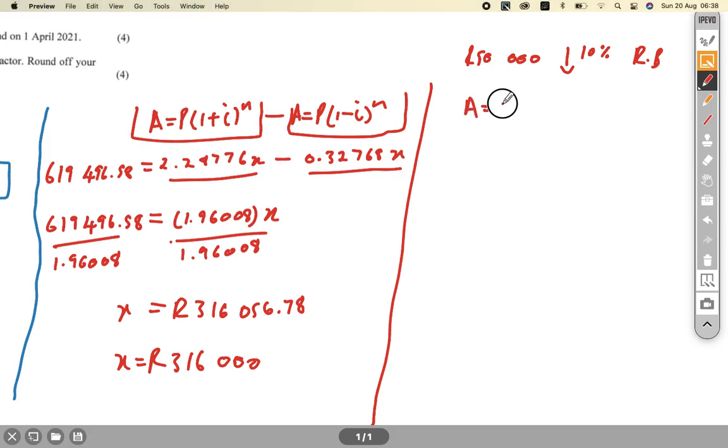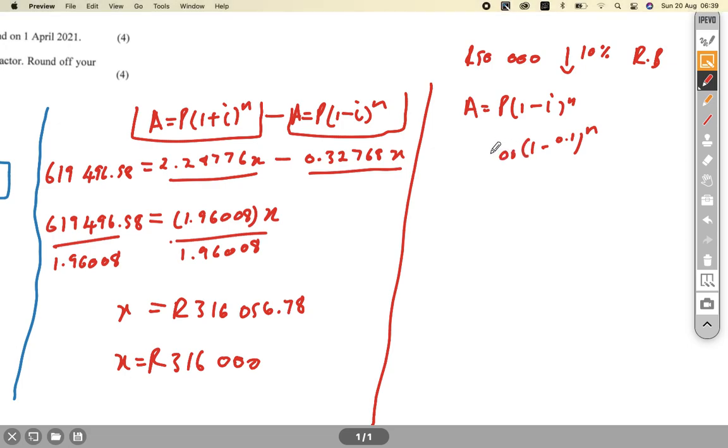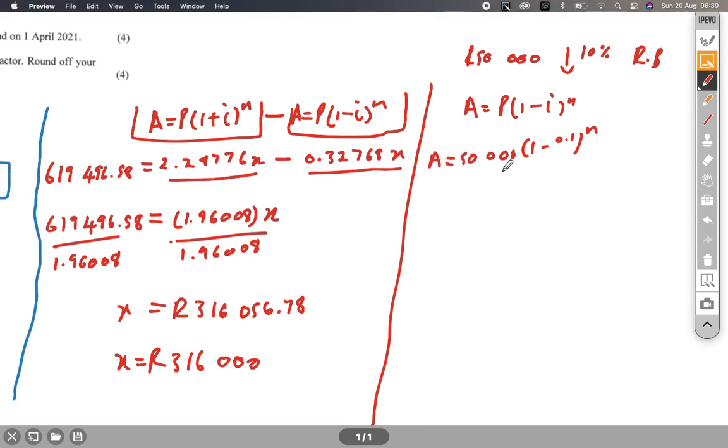So you would say, then to the power of whatever years you are given. Okay, so this is the value of your car after certain years.